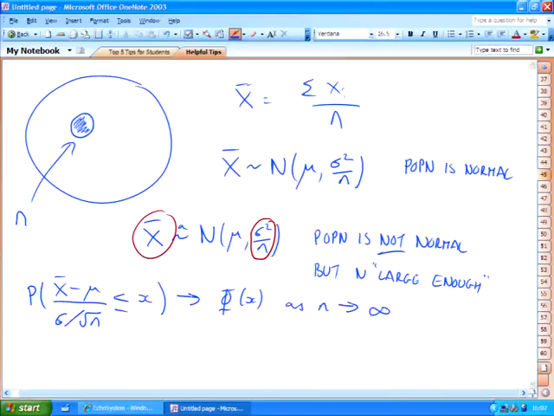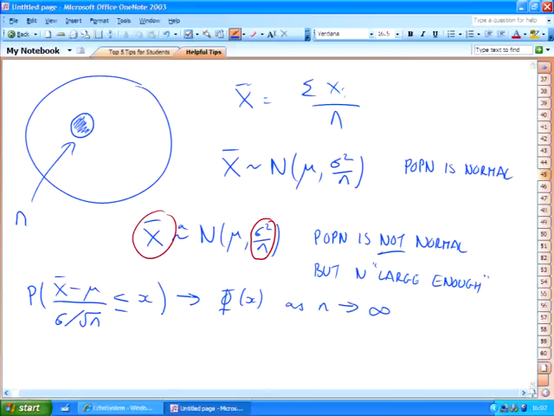So n, remember, is my sample size. As my sample size gets bigger and bigger, this normal approximation becomes better and better. But for our purposes, in say Statistics 1, if n typically is 30 or more, then we can say that this approximation holds really well.